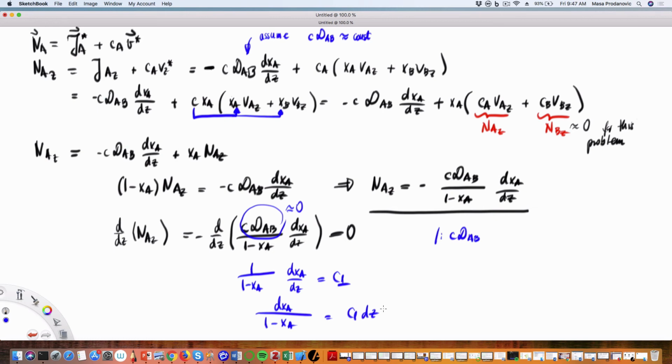I can integrate this. Separation of variables. So my minus ln of 1 minus XA. XA is always between 0 and 1, so this is a positive number. I'm good there. Otherwise, I would have to have absolute value or something.